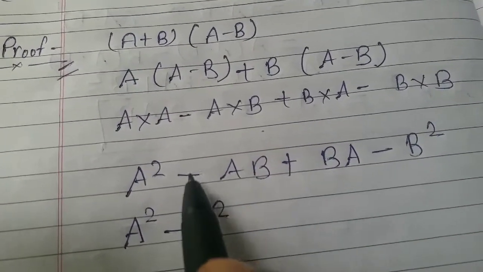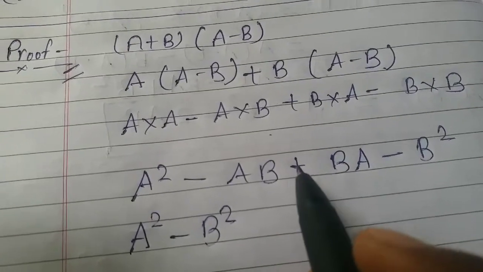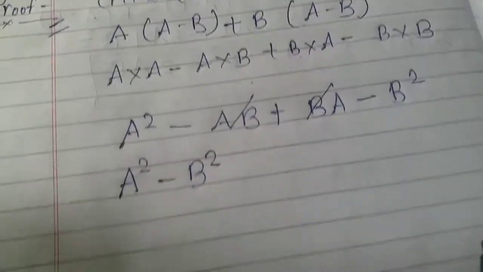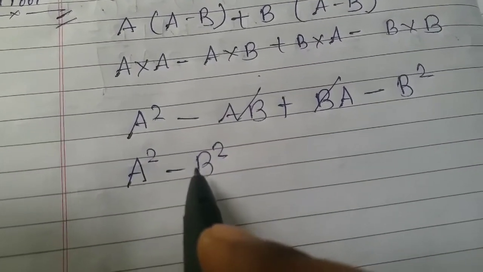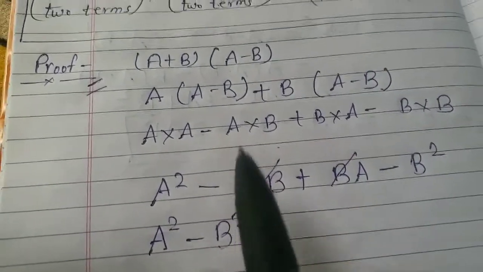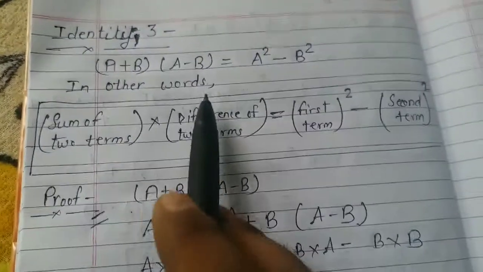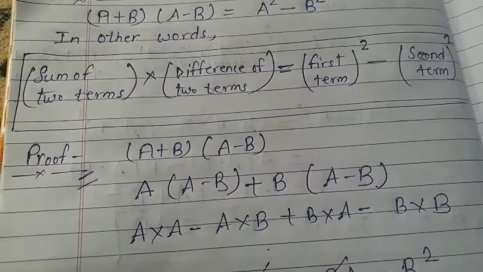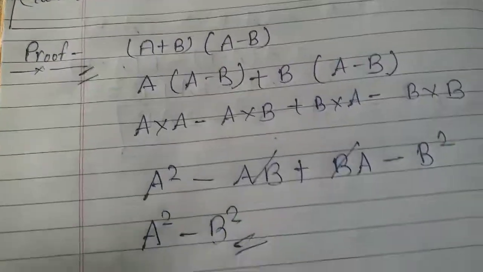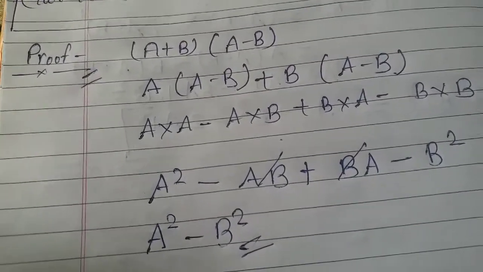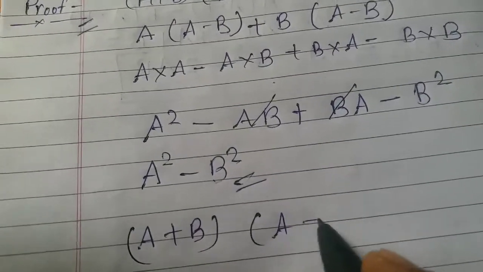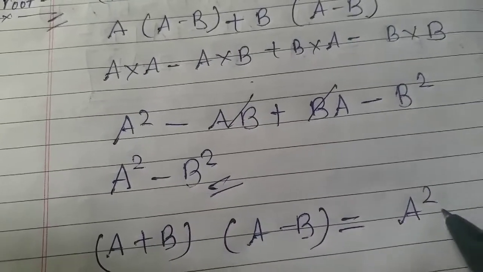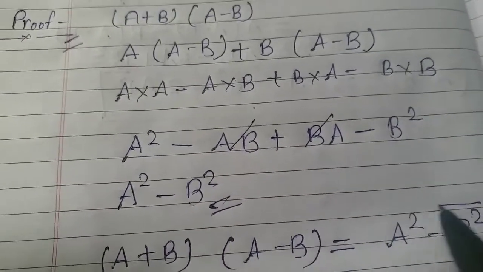The first ab is negative and the second is positive, so they cancel. So the remaining term is a squared minus b squared, which is the RHS of the given identity that we wanted to prove. Hence proved: if we multiply (a + b) into (a - b), the answer is a squared minus b squared.